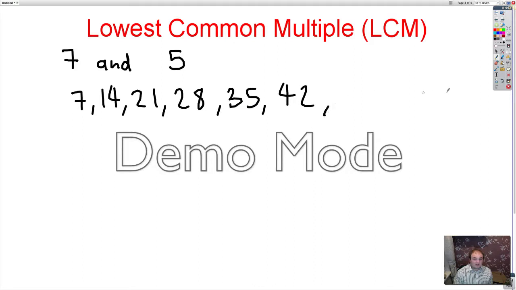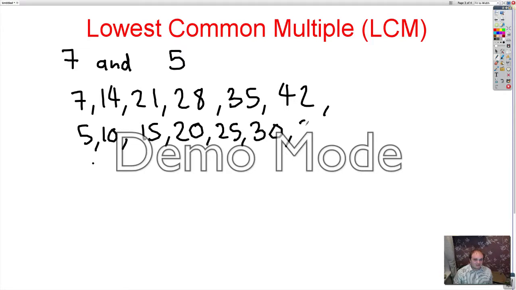You won't know how far you need to go until you start doing the other one. 5, 10, 15. Hopefully you've spotted already what I'm going to hit here. 20, 25, 30, and 35. Hopefully you can see why I've stopped. The reason I've stopped is because I've got the same number here, 35 and 35. That's the lowest number in both lists.